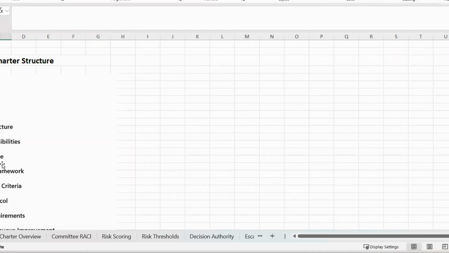So that's the overall structure in terms of the important elements that need to form the charter you're trying to establish for your organization.